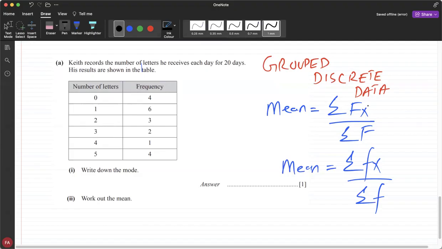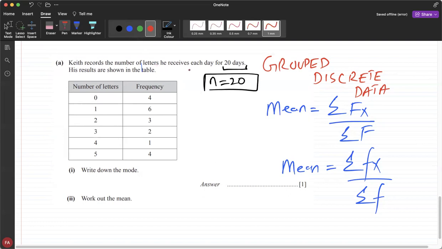Like I said earlier as well, let's first solve the first part. It says write down the mode. Before you write down the mode, it says Keith records the number of letters he receives each day for 20 days. That means this over here, everyone, is my n.